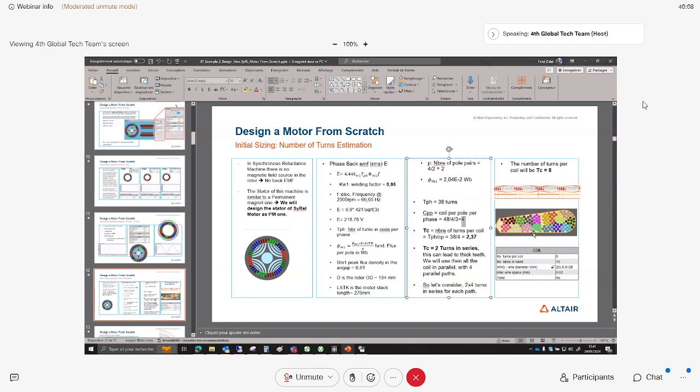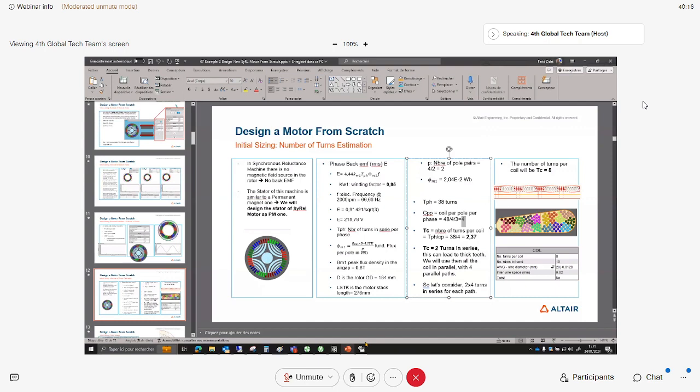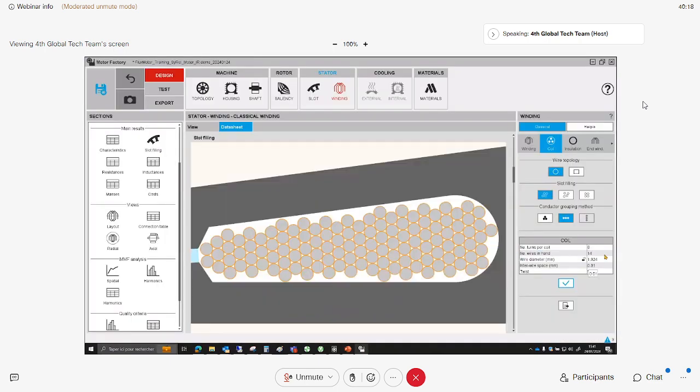So now I have the number of coils, so I can put 8, and maybe I have to play on the diameter here. So the slot filling, maybe I have to put 10, and then once again maybe I have to choose a smaller diameter.